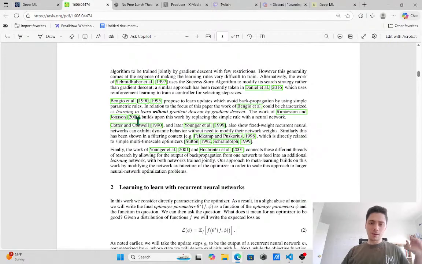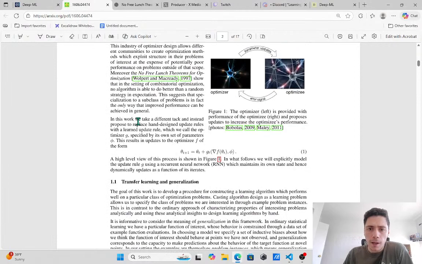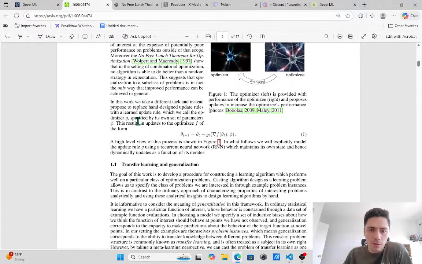Now let's get into the more gritty details. I don't know where we are on this. Probably here somewhere.